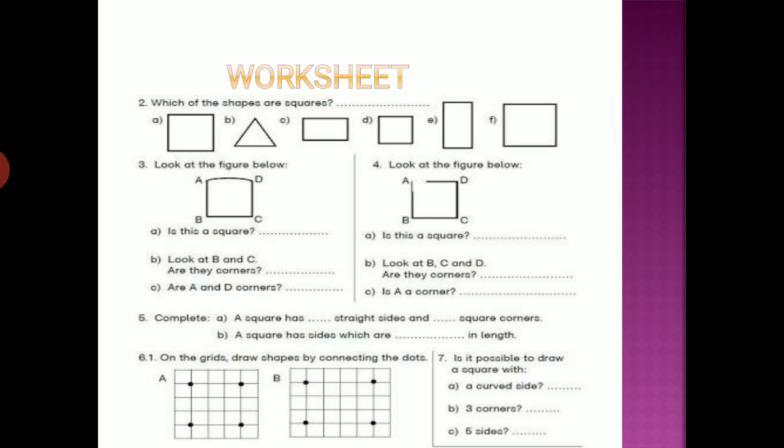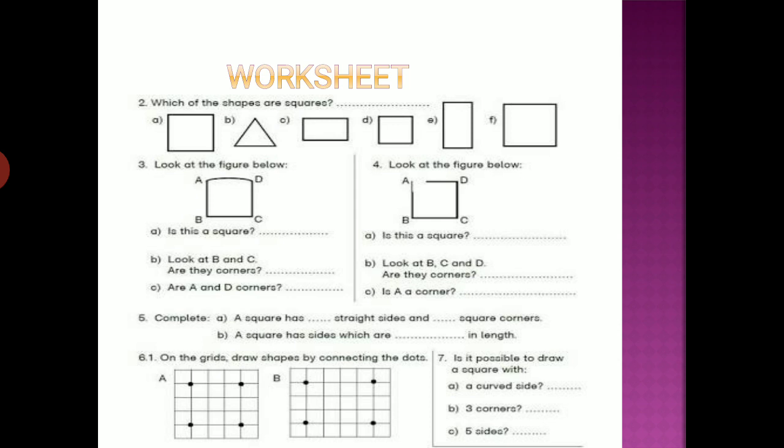So this is again a corner. So answer is, are they corners? Yes, they are corners.